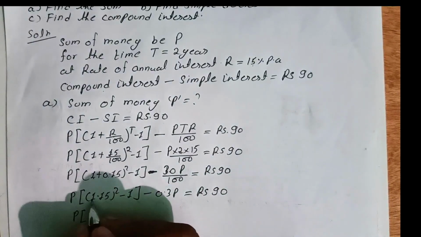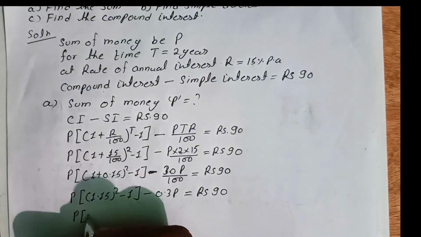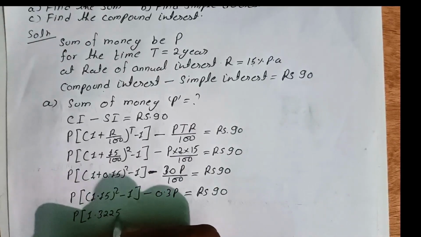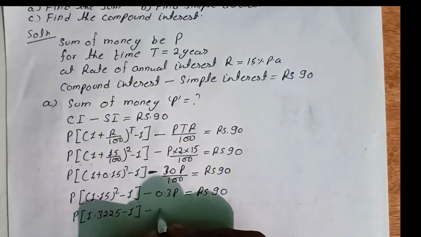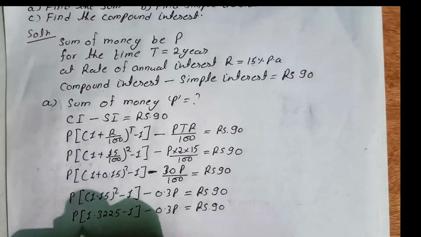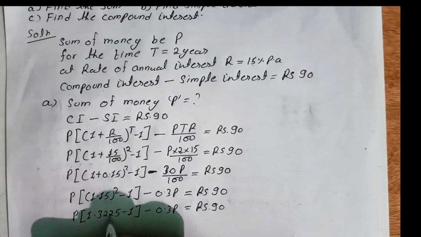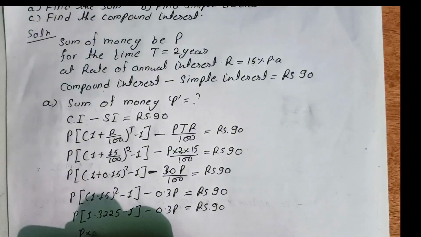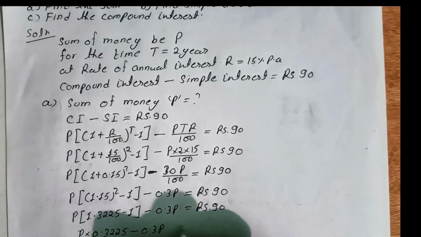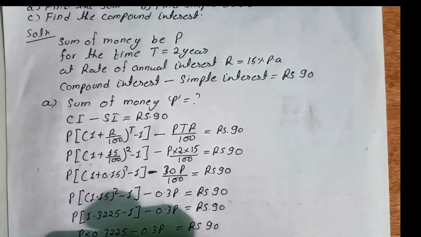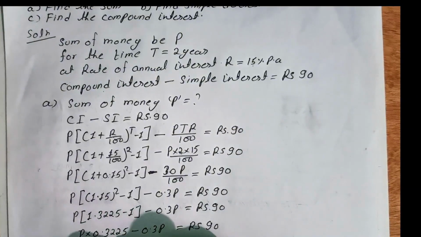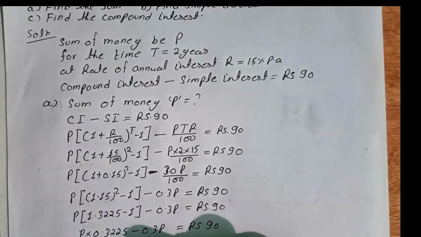The square of 1.15 is 1.3225. So 1.3225 minus 1 becomes P times 0.3225, minus 0.3P, that is Rs 90.